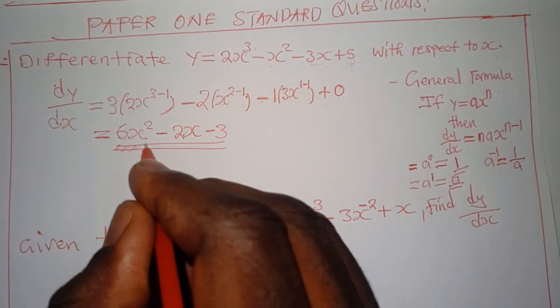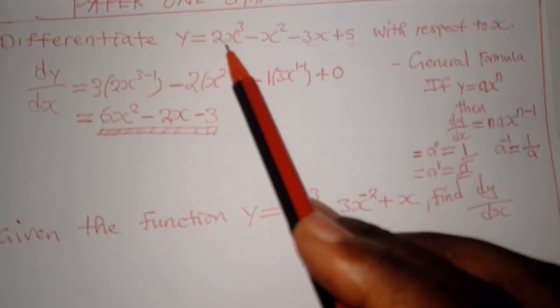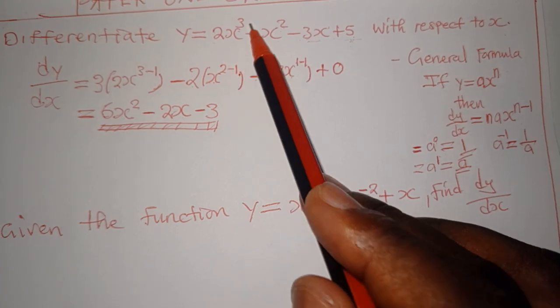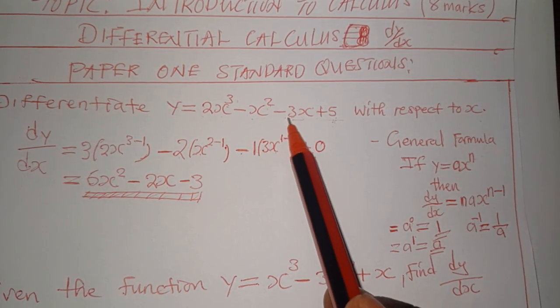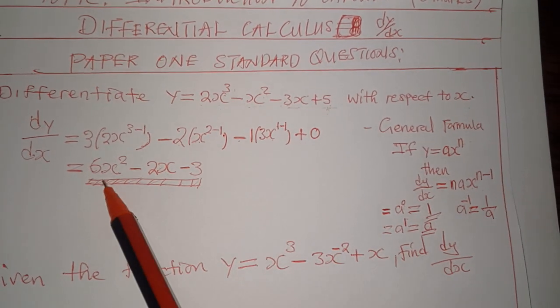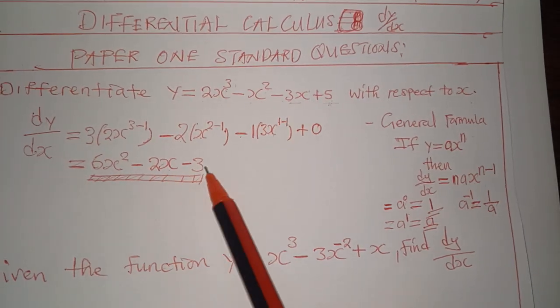That is your final answer, your dy dx. So the dy dx of 2x to the power 3 minus x to the power 2 minus 3x plus 5 is equal to 6x squared minus 2x minus 3.